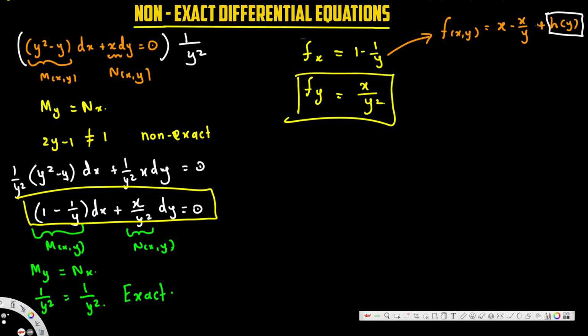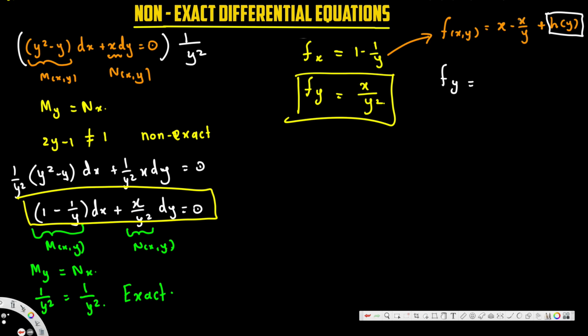To find h of y, we have to take the derivative of this one with respect to y and compare with this one. Now let's go ahead and do that. f with respect to y. If I take the derivative of this one with respect to y, this is a constant, so this is going to become 0. And here we have x over y.